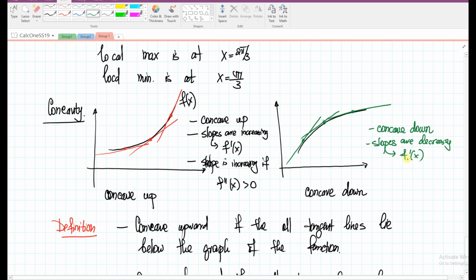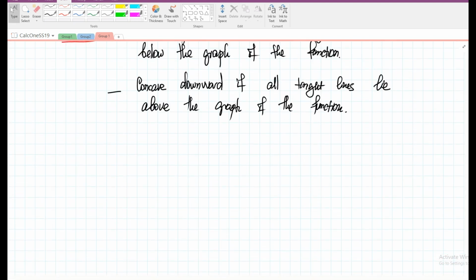So f prime of x is decreasing means that f double prime of x is negative, right? Concave down. I mean, everything is a simple idea, right? What's the derivatives?